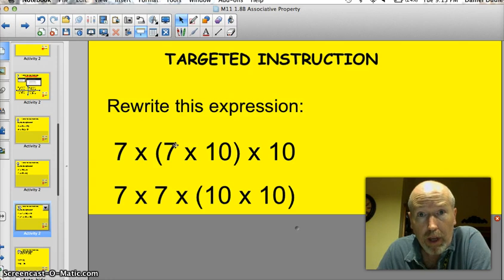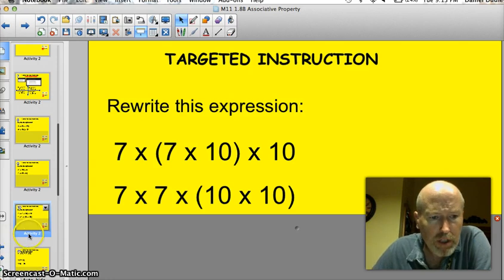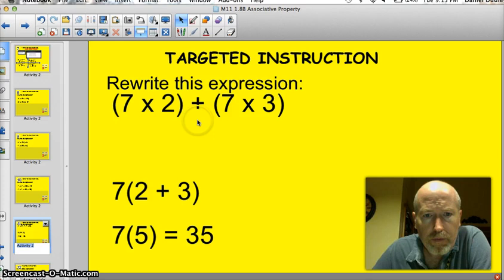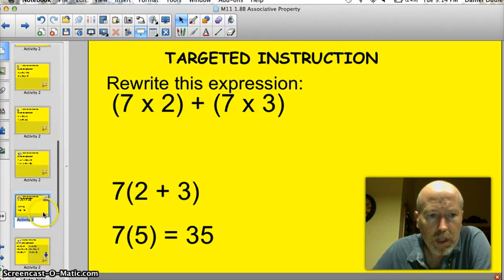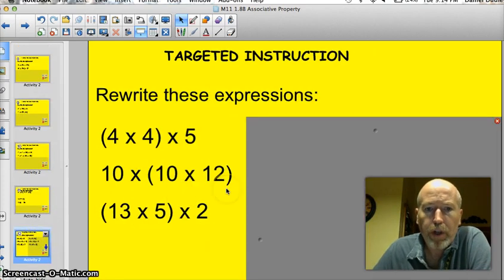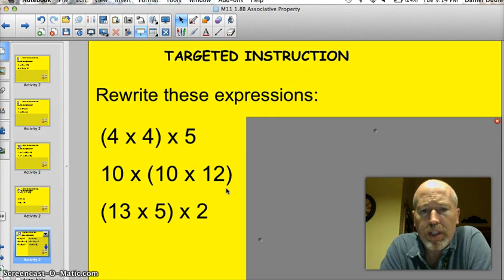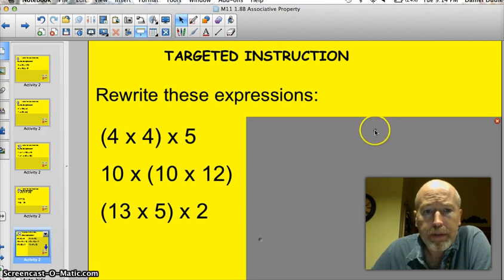Okay? All right. Here's a quick little quiz for you. Whoa! Wrong slide. Here's a quick little quiz for you. Why don't you try rewriting these three expressions? Go ahead and pause it and do it. See if you can get this right. Go. Okay, I'm back.